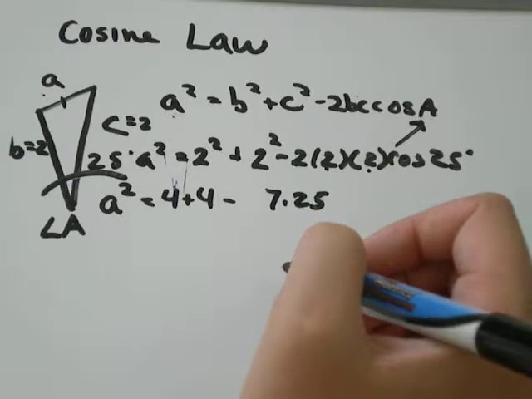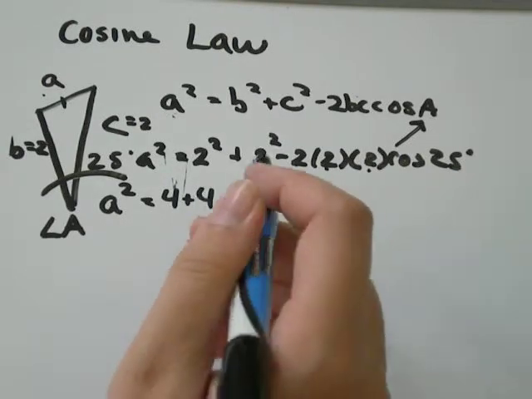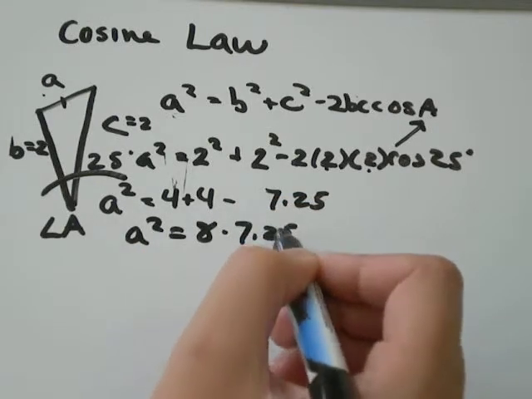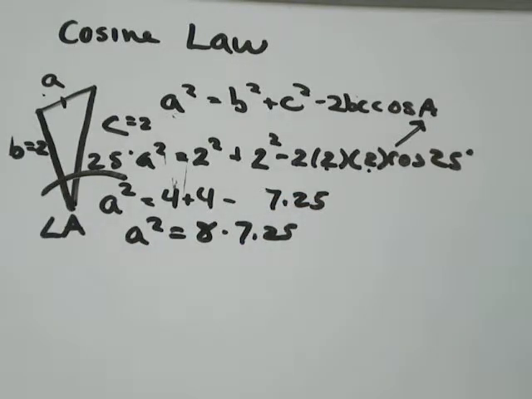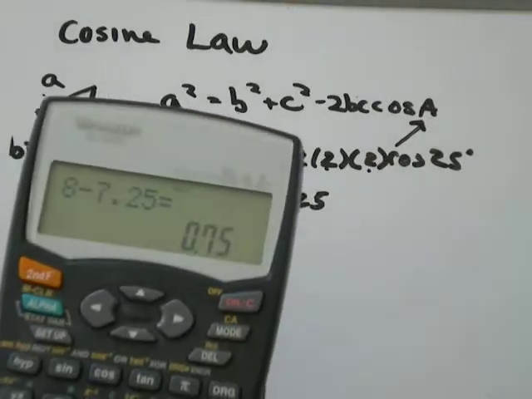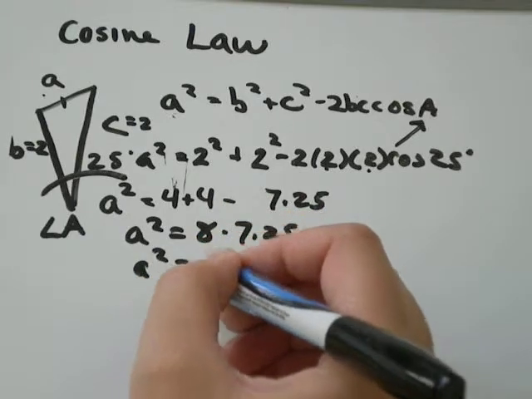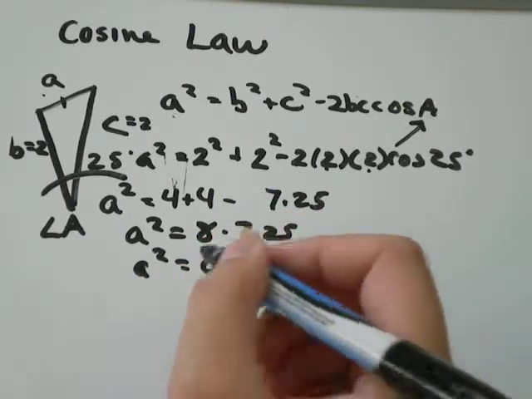Okay. And 4 plus 4 was 8. 8 minus 7.25. And I get that's equal to 0.75. So A squared is equal to 0.75.